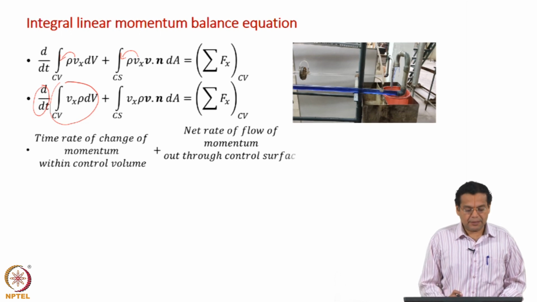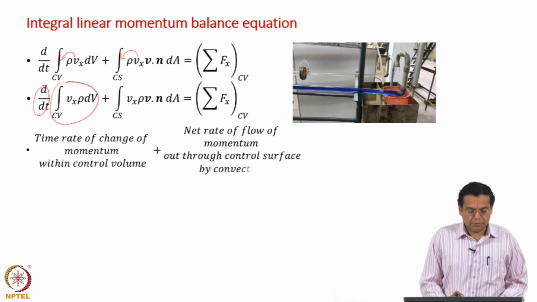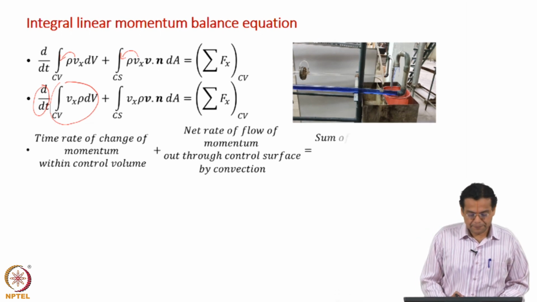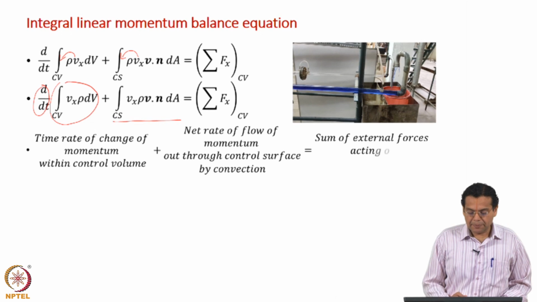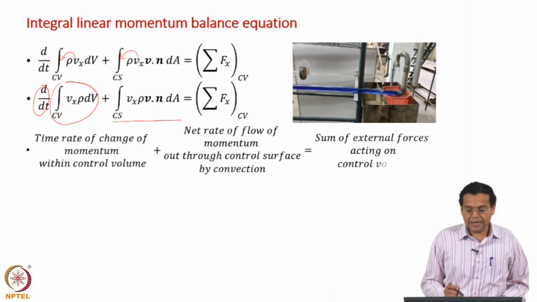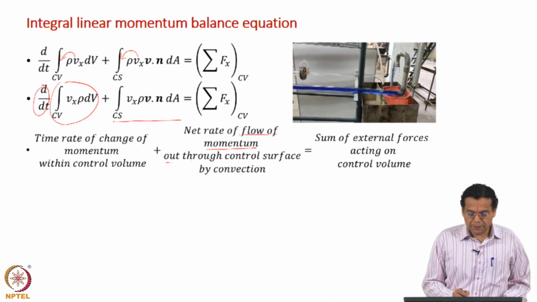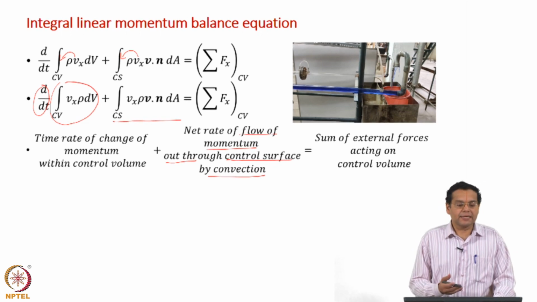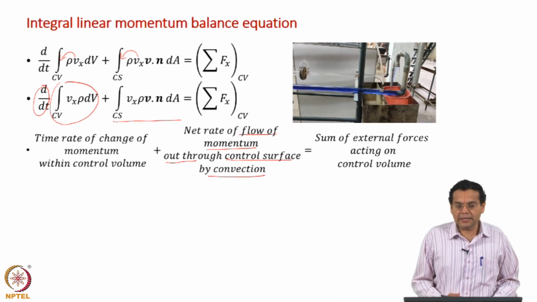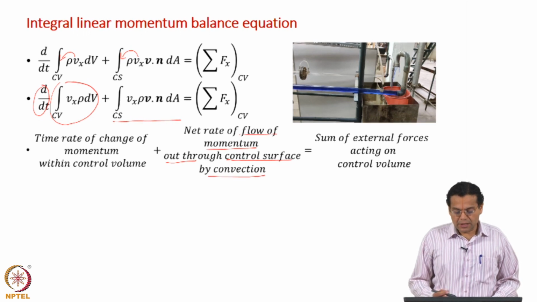The second term, this integral term, represents the net rate of flow of momentum out through the control surface by convection. We have always been saying that this represents net rate of flow of property. In this case, it is the momentum out through the control surface by convection. We have already seen what convection is. I will explain shortly again.